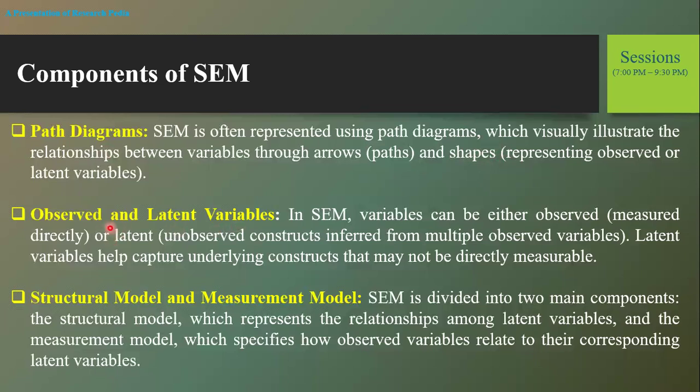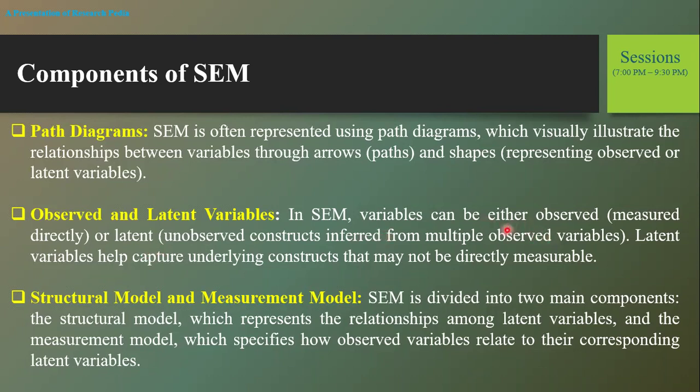So what do we mean by observed and latent variables? In SEM, variables can be either observed, meaning measured directly, or latent, meaning they are measured indirectly. So if a variable is measured indirectly from other indicators, other factors, it may be considered as a latent variable.